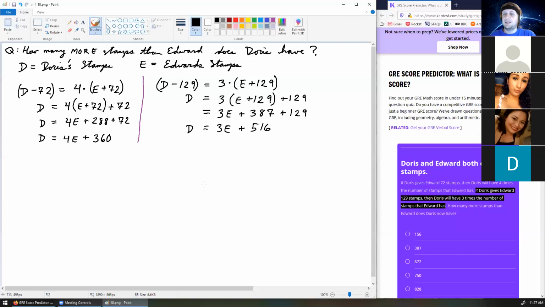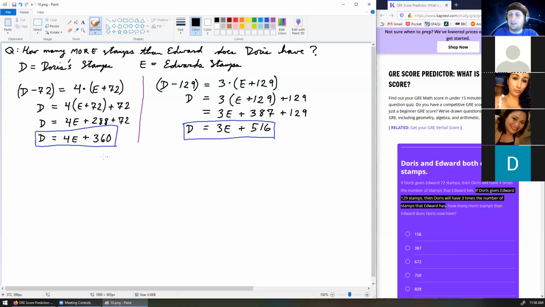So now we've got D equals this and D equals this. What's our next step? You just combine those two equations. Right, okay. Take away D. So let's do it.